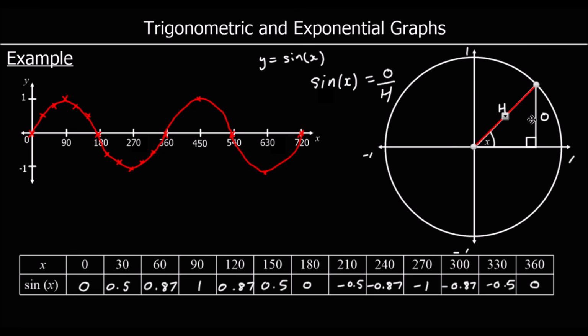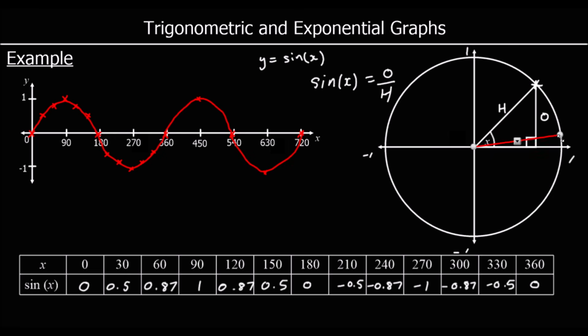And if the h is 1, because sine x is O over h, and if you divide by 1, you're just left with what you start with. So sine x, if h is 1, is the opposite, and that is the y coordinate. So if I'm here, my opposite is the y coordinate of this point.